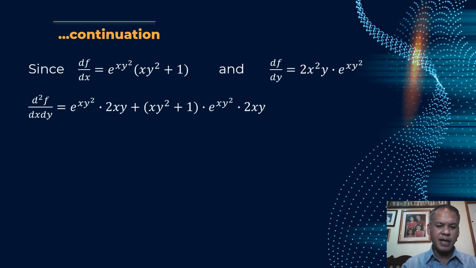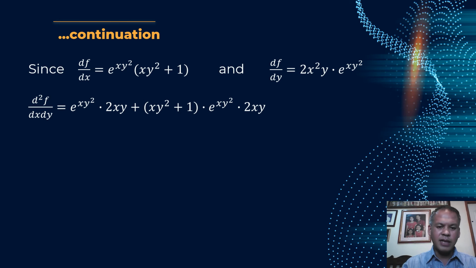Then, for the second derivative of the function with respect to x first, and then followed by y, this is equal to e raised to xy squared times 2xy plus the quantity xy squared plus 1 times e raised to xy squared times 2xy. And if we are going to simplify this, we come up with 4xy times e raised to xy squared plus 2x squared y cubed times e raised to xy squared.